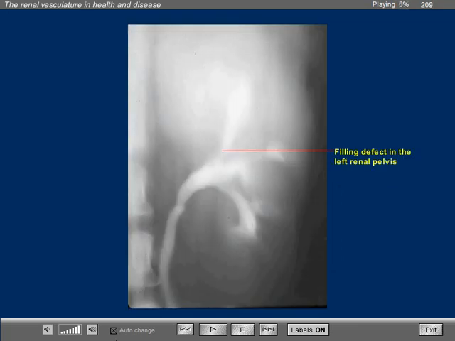A nephrotomogram of the left kidney shows a discrete filling defect or a lucency in topography of the left renal pelvis at the junction of the left renal pelvis with the infundibulum of the upper calyx. Differential diagnosis would have to include a radiolucent stone, a benign or a malignant tumor.